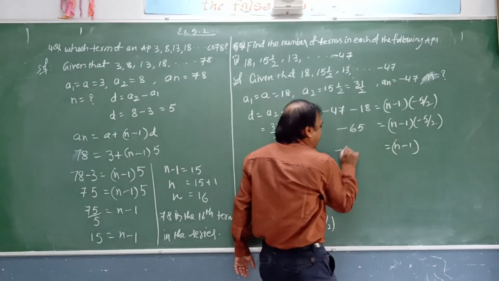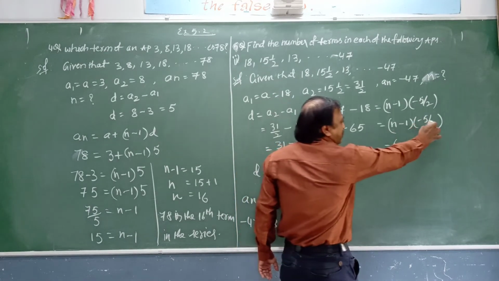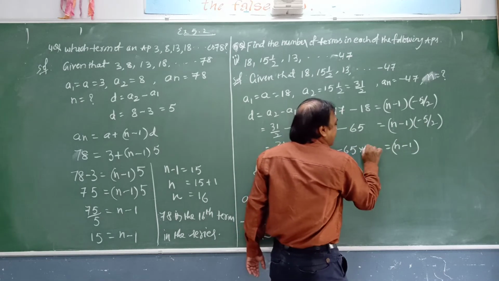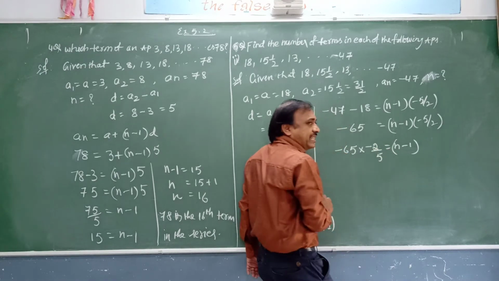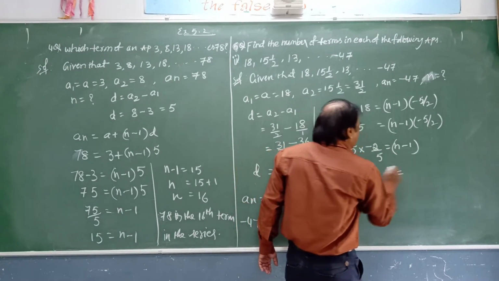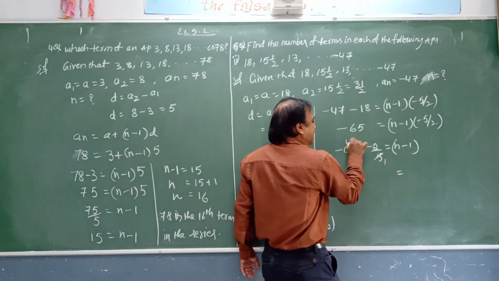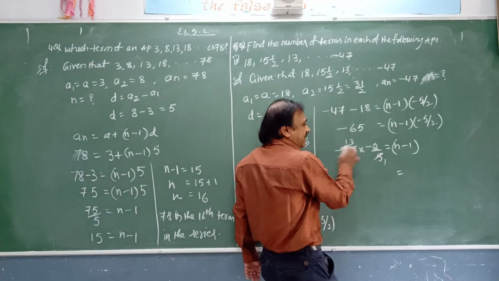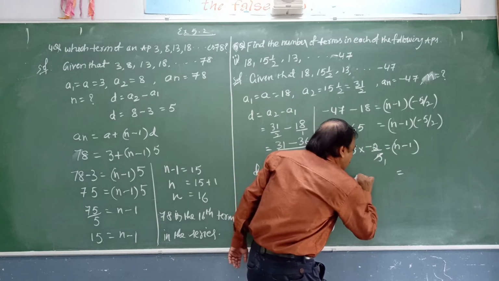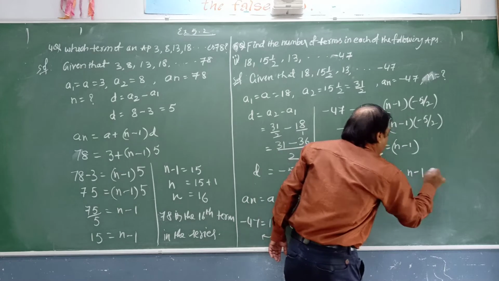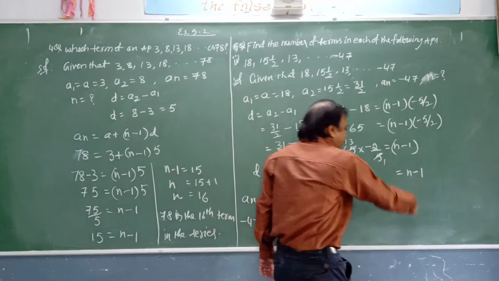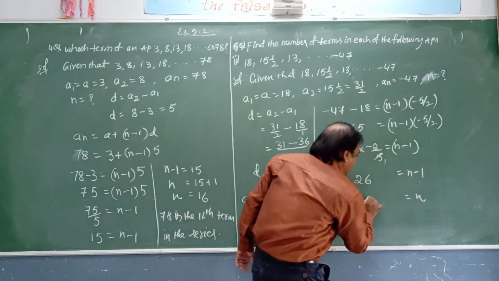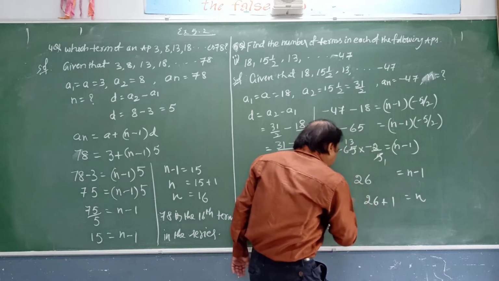The sign doesn't change, only the reciprocal, minus 2 by 5. So minus 65 times minus 2 by 5: 5 13s are 65, and minus into minus is plus, 13 2s are 26. n minus 1 is equal to 26. Then transpose minus 1 to this side, and n is equal to 26 plus 1.